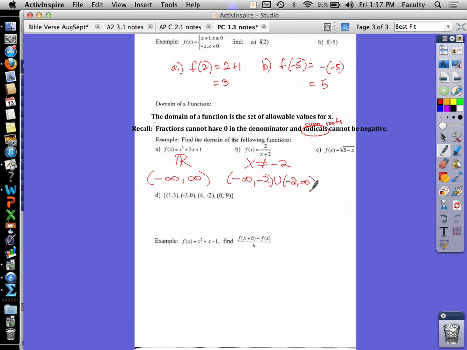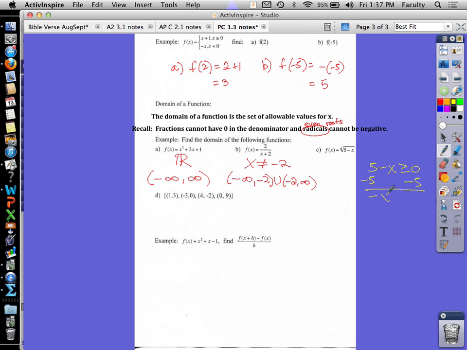All right, Stephanie, how about C? If I have an even root and it can't be negative under there, what did you get? X is greater than 5? How'd you do that? Okay, so you're going to set x minus 5 greater than or equal to 0.